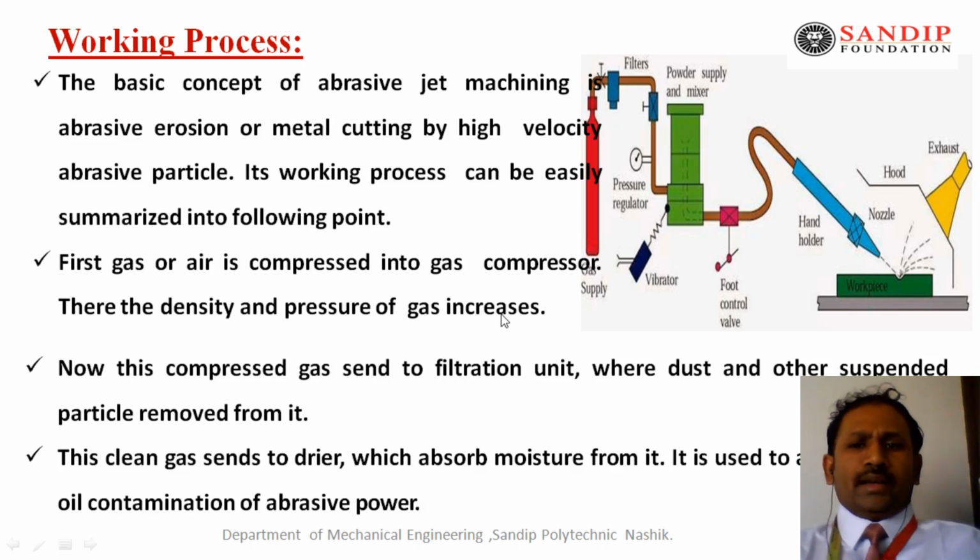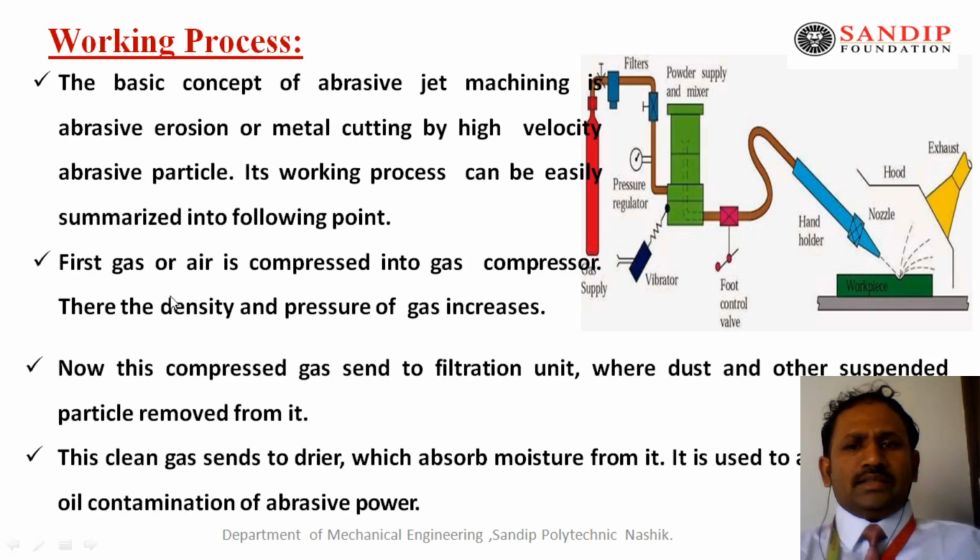Then working process. It's very simple. I already learned that. So let's see one by one. Try to write the first sentence. It is a negative type of manufacturing process, under the mechanical based non-traditional machining processes, with abrasive erosion to remove the material.